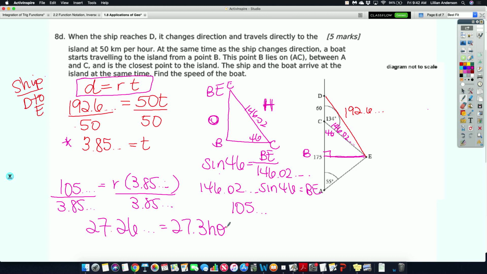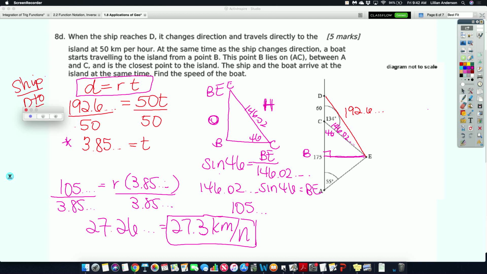We're talking about speed, so sorry, kilometers per hour. That's pretty slow. It is kilometers per hour. We are talking about a boat compared to probably like a cruise ship. But that's how you apply bearings to an application type problem.